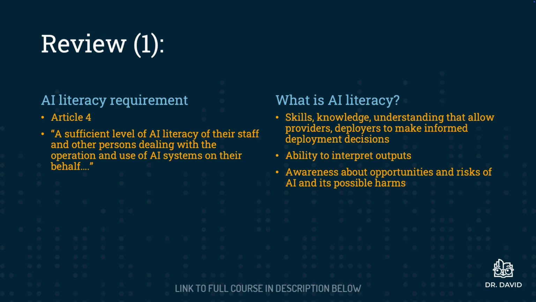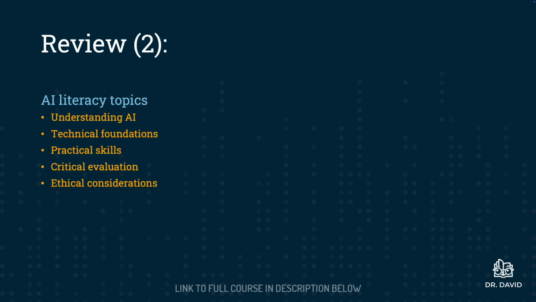AI literacy includes the skills, knowledge, and understanding that allow providers and deployers to make informed deployment decisions, the ability to interpret outputs, as well as awareness about the opportunities and risks of AI and its possible harms. And the 5 broad topics you might find in an AI literacy curriculum include understanding AI, technical foundations, practical skills, critical evaluation, and ethical considerations.